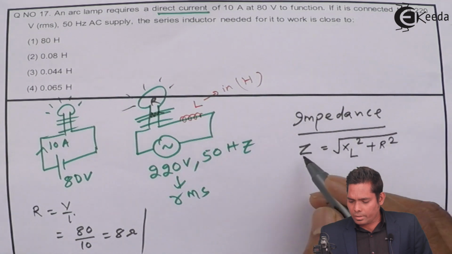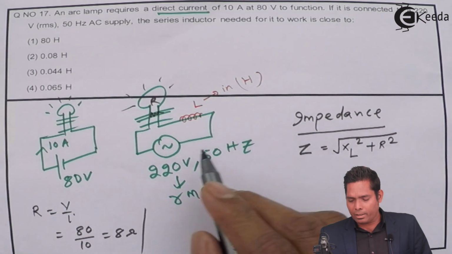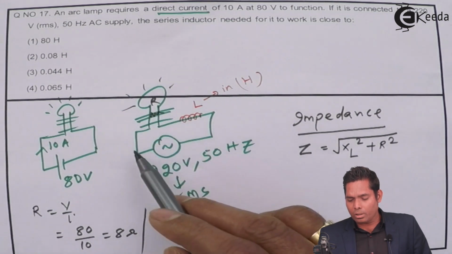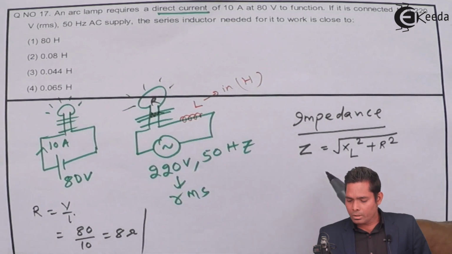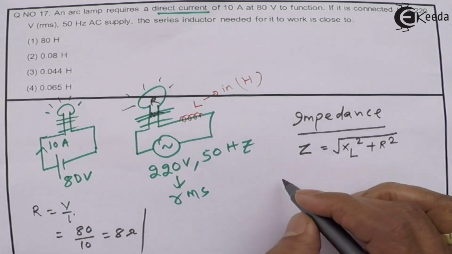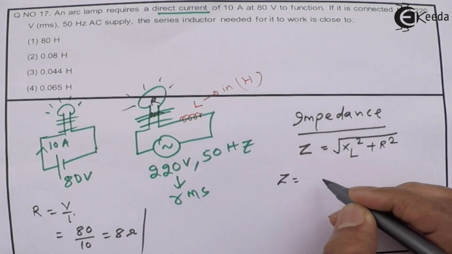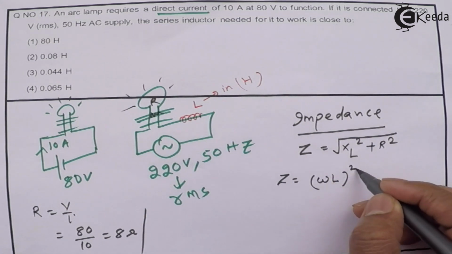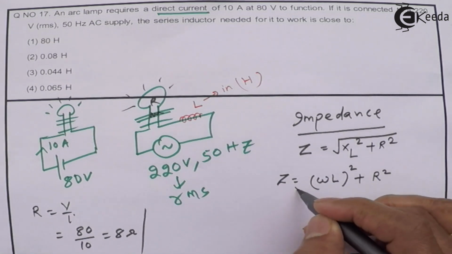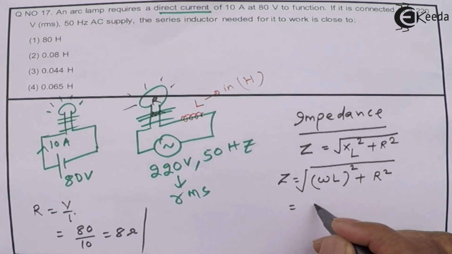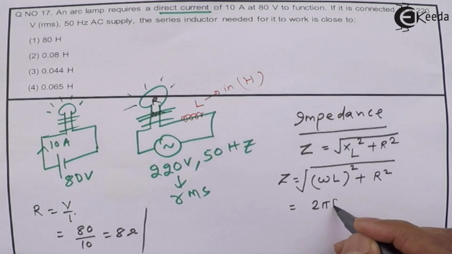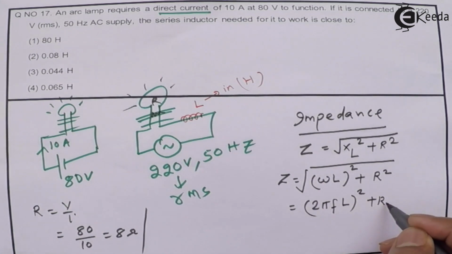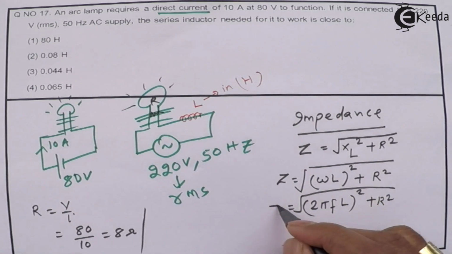This is the resistance offered by the circuit to the alternating current. So Z equals the square root of XL square plus R square, where XL is omega L, and omega is 2 pi F. So Z is the root of (2 pi F L) whole square plus R square.